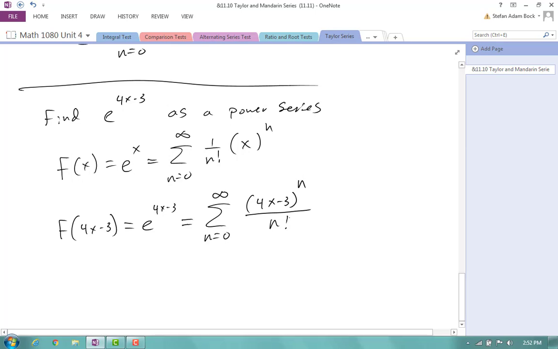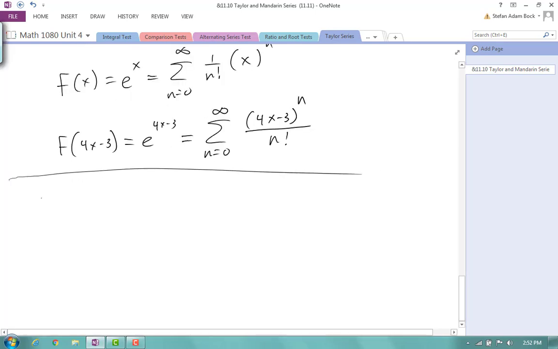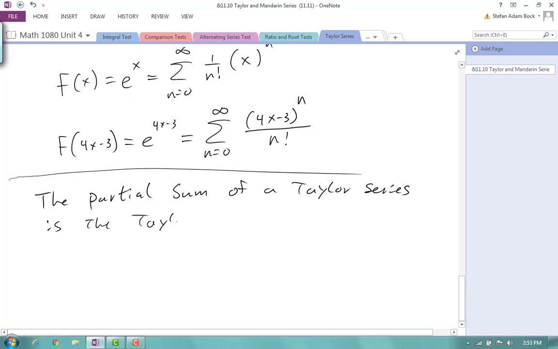But why do we want to do this? Why do we care so much about having an easy to construct power series for all these functions? Well, the Taylor polynomial. So if I take the partial sum of a power series in general, I'm going to get a polynomial, because the power series really is just an infinitely long polynomial.